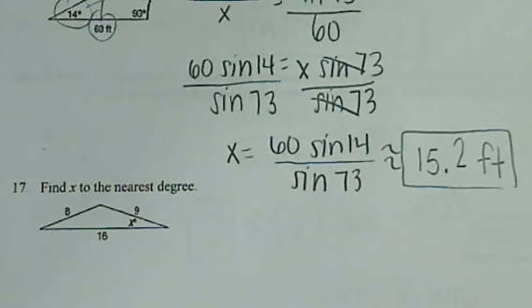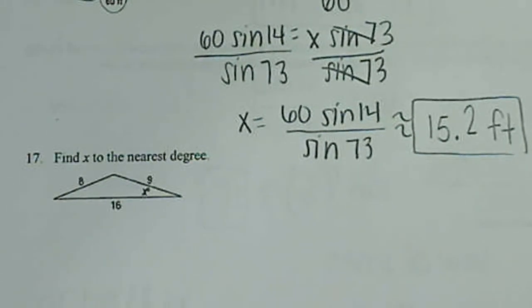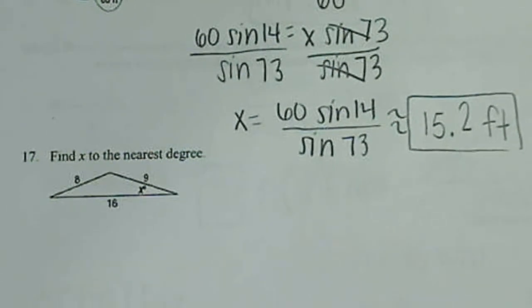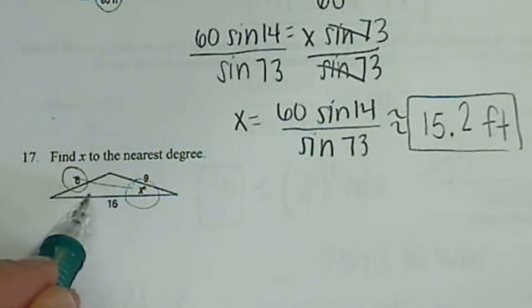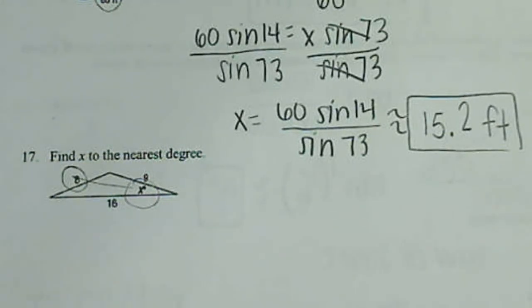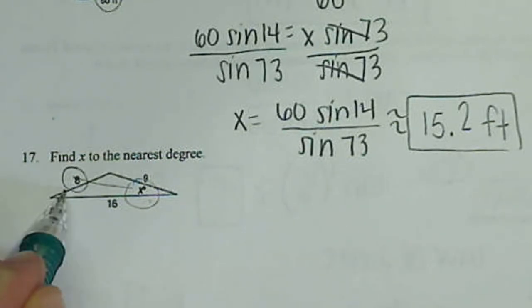Okay, law of cosines is what we have to use for 17. How do I know? Because if I were to make a proportional relationship, I don't have one. I only have one relationship between this angle and that side. So I'm going to use those to know how to plug in my law of cosines.